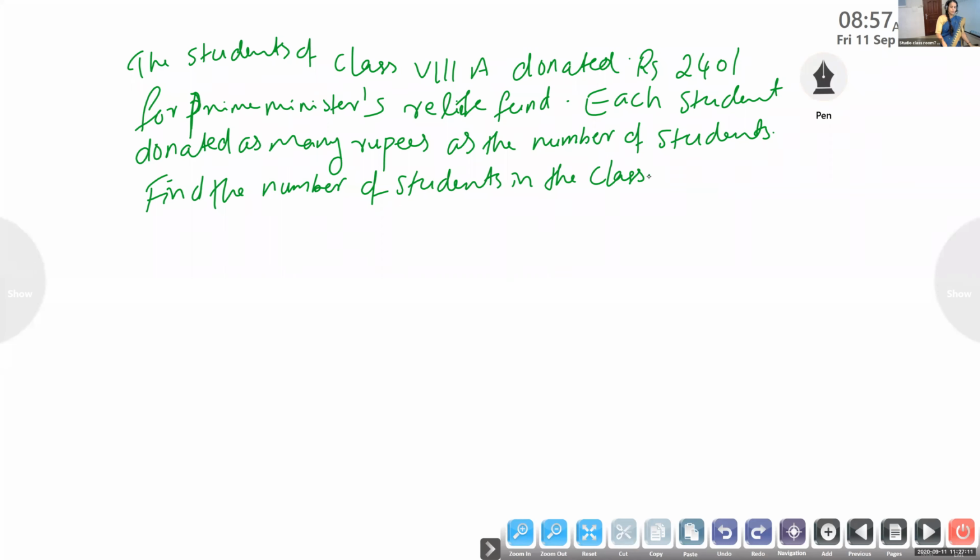Yes. The number of students and the amount are equal. Let the number of students be x. Then the amount also will be x. So x into x gives 2401.